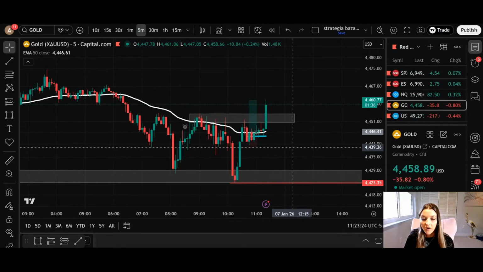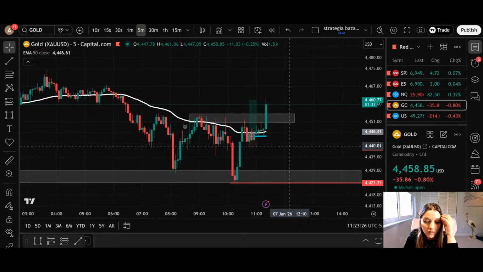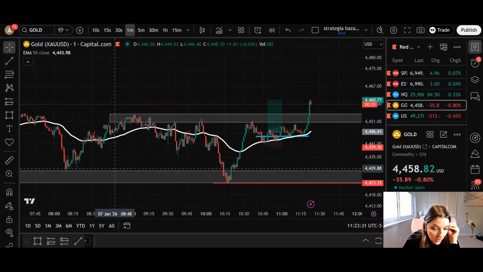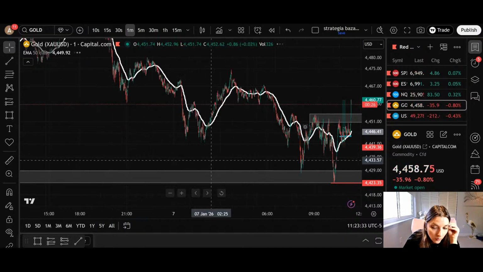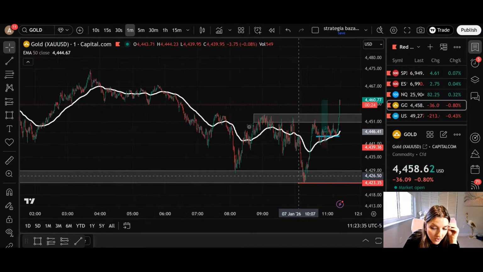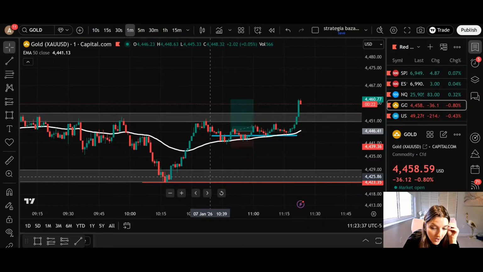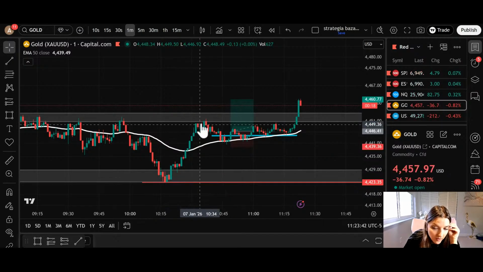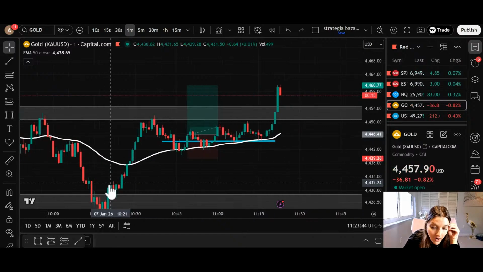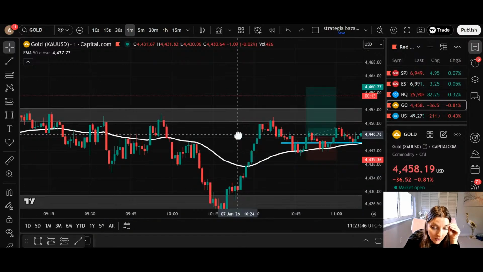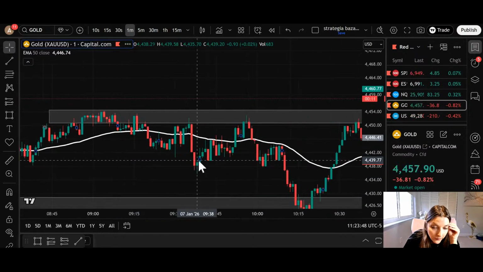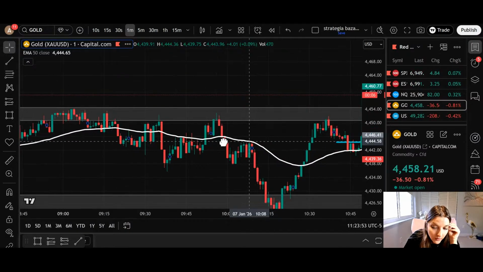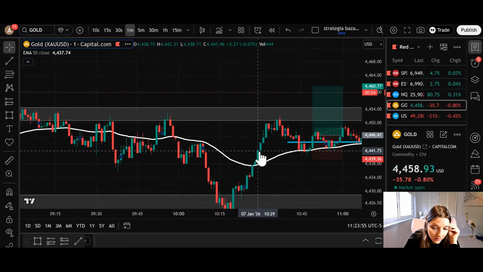I mean, that was my thinking in the back for the gold. It did retest nicely this area right here, which was the previous area, a little bit high, so it kind of fake broke it, and a bunch of buyers came in. So the buyers are in the house, and then I was looking at the EMA. The EMA was just bumbling around, so I didn't want to take it at the break here.